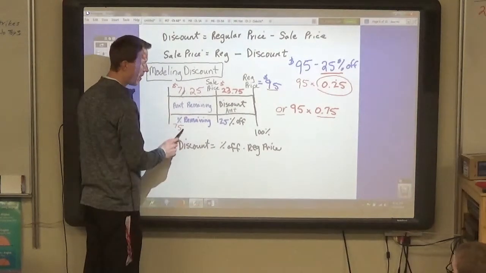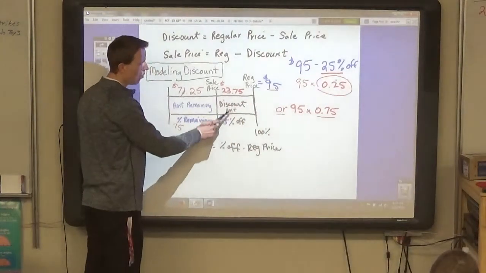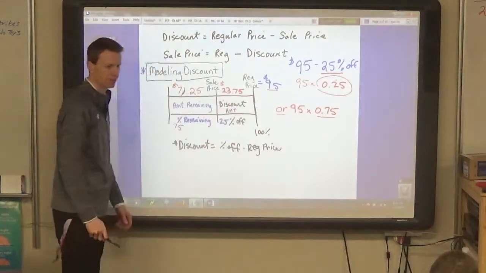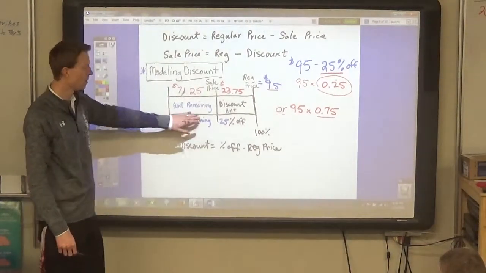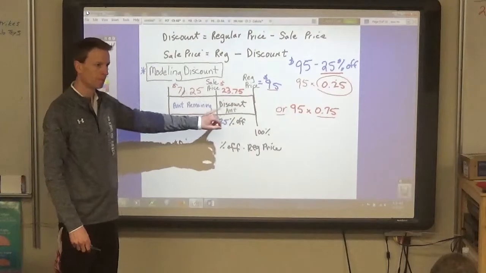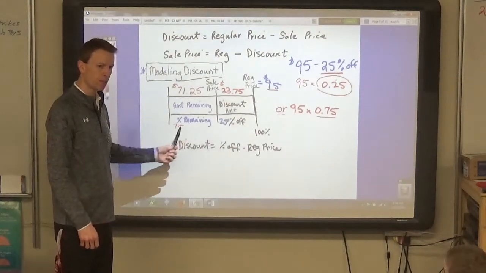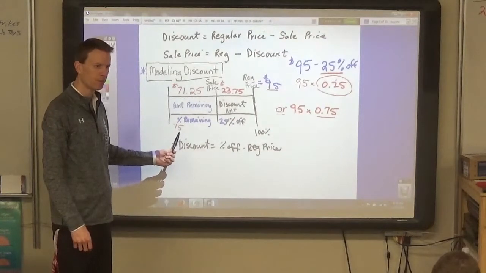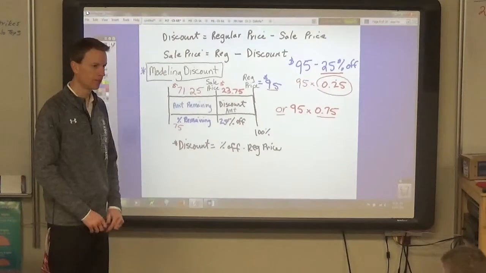This is 75% of the total. This is 25% of the total. That's why this model is helpful. It helps you to see the amount off, the amount remaining, and the percentage off and the percent remaining.